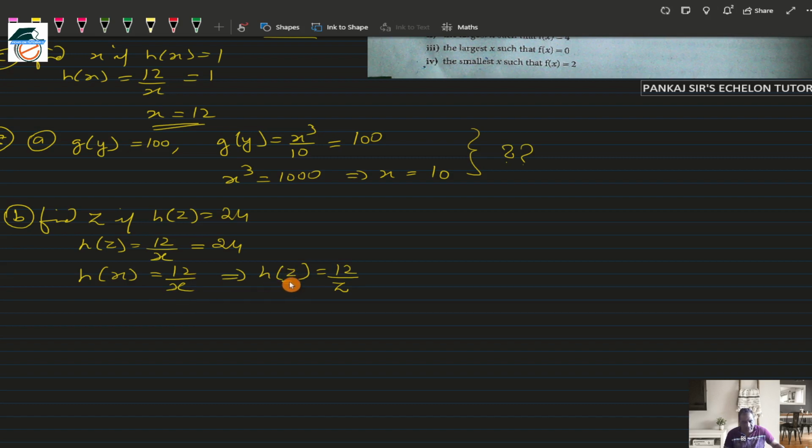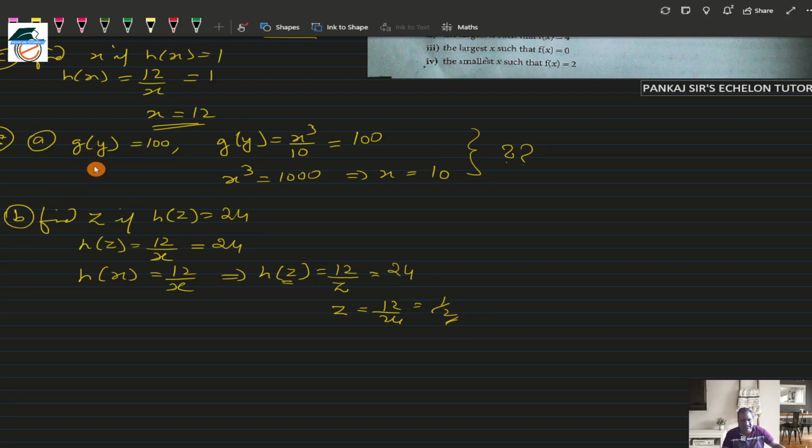Here we want to put a variable z, so in place of x, I'm putting z. So h of z will be 12 by z, and this h of z is given to you as 24. So your z will be equal to 12 by 24, which works out to half. And that's the correct answer.